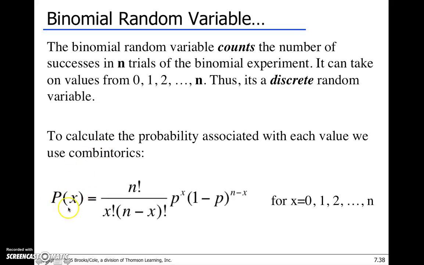The probability that x equals little x is given by n factorial over x factorial times n minus x factorial, and p to the power x times 1 minus p to the power n minus x, where x is equal to 0, 1 to n. This is a formula for calculating the probability that x takes on some value.